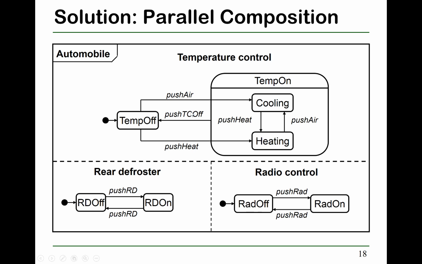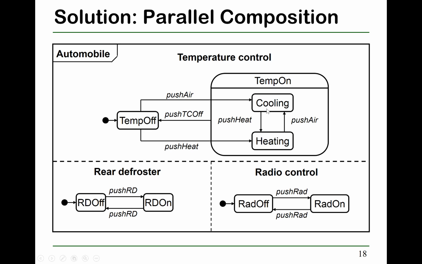Here, for the temperature control, in this super state, the temperature is on, and when the temperature control is on, it could be in cooling and could be in heating, and could be in any of those. So it's hard to decide which one is the initial state. In this case, you may not have an initial state.